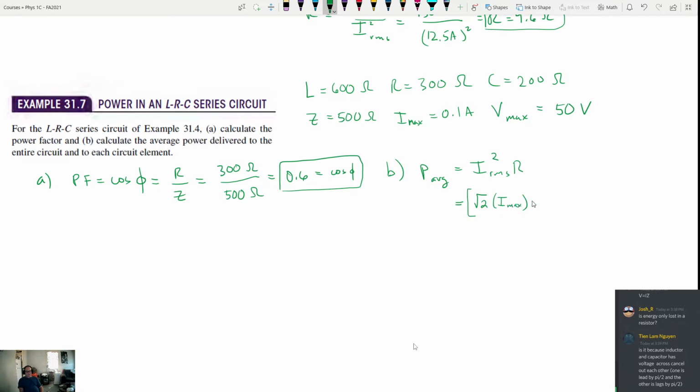So we just need to square all of this and then multiply by R. So this is going to be the square root of 2 times Imax, which is 0.1, squared times R, which is 300. So this is going to be 2 times 0.01. 0.01 times 300 is going to be 3. 3 times 2 is 6 watts. Do you all agree?